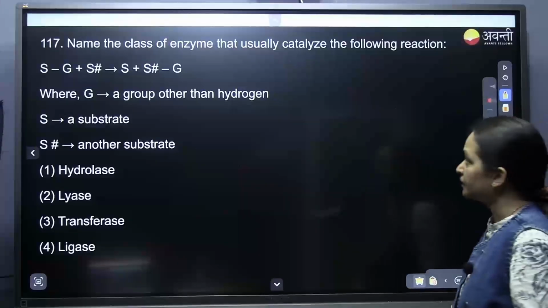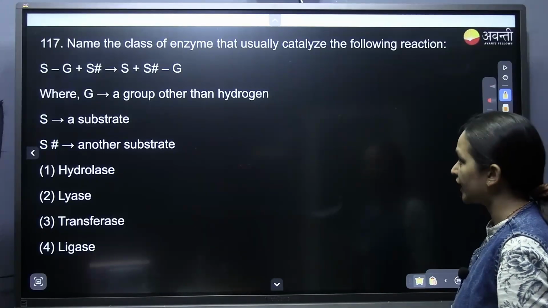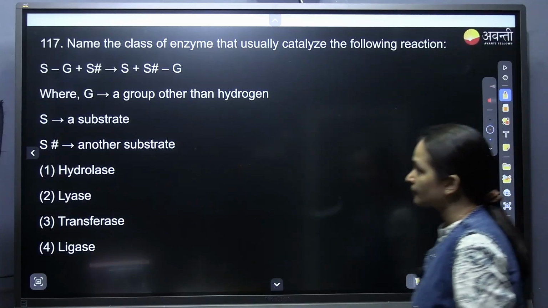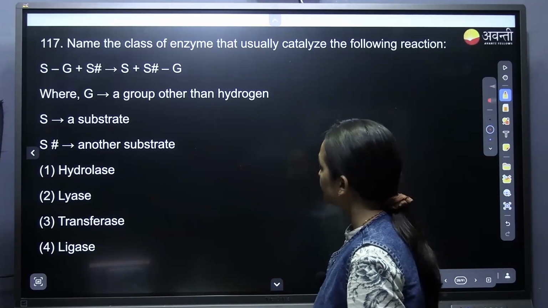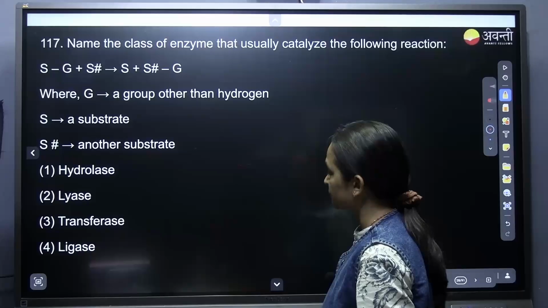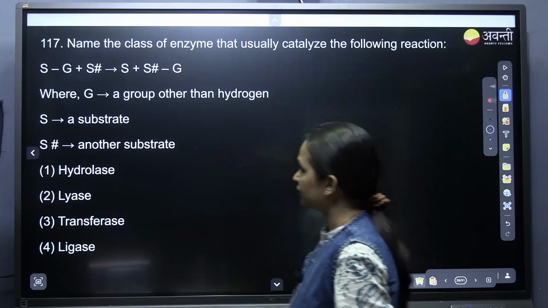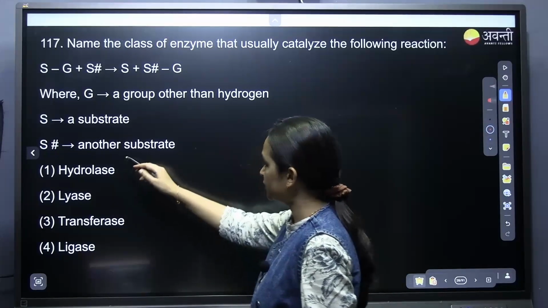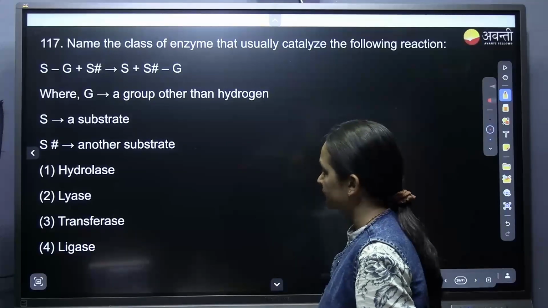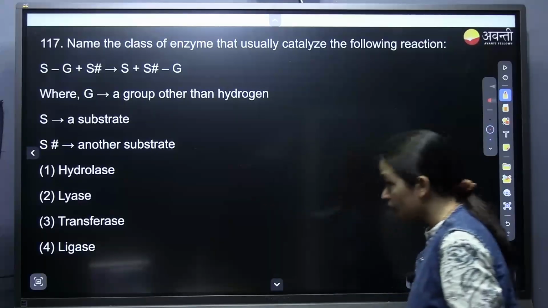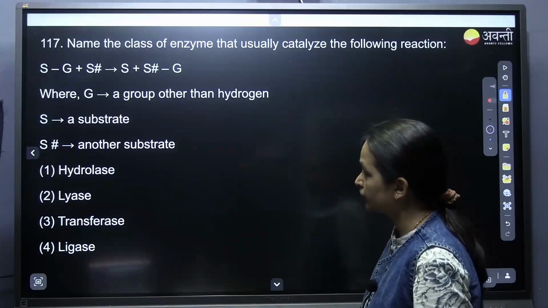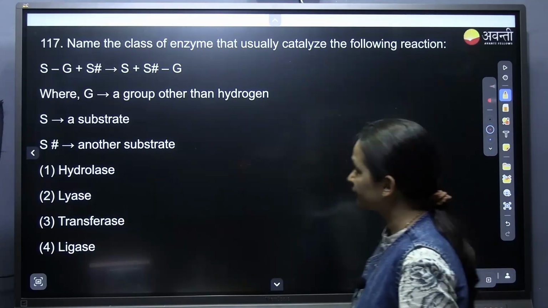Name the class of enzyme that usually catalyzes the following reaction. Where G is a group other than hydrogen, S is a substrate, and S' is another substrate. So which enzyme?